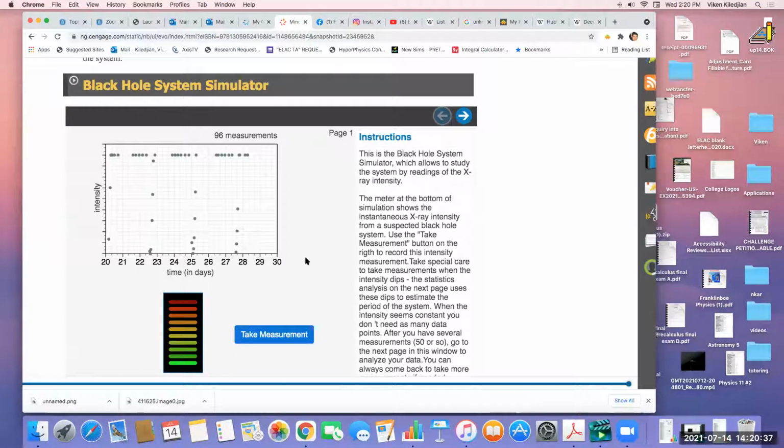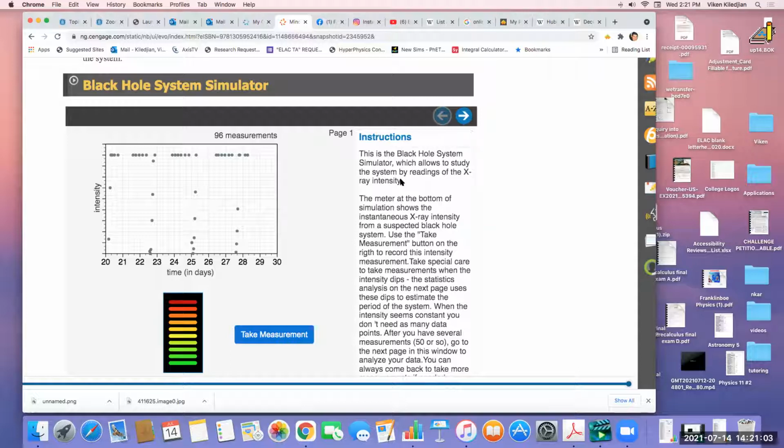So the likely dip from here is around 2.5. That means this black hole is going around its companion every 2.5 days. And it's hiding behind its companion every 2.5 days, which means its period is 2.5 days.